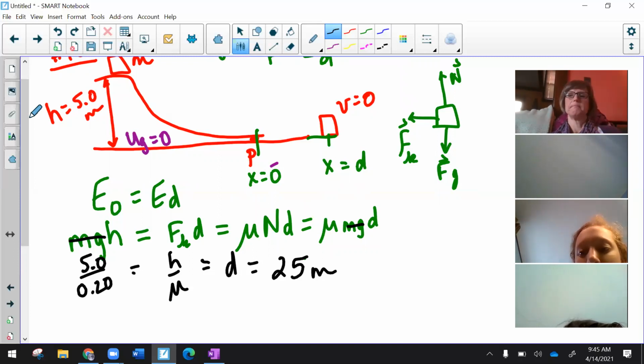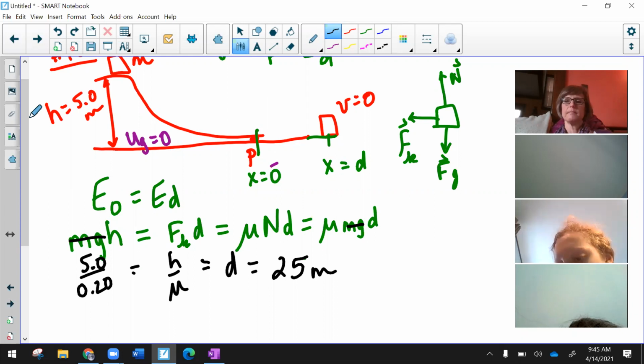So I could solve for the speed at the bottom, and then I drew my free body diagram with F net equals m a to solve for the acceleration, and then used the speed and acceleration in the equation v final squared equals v initial squared plus 2a times the distance that it traveled, because the final speed is 0 and the initial position is 0.